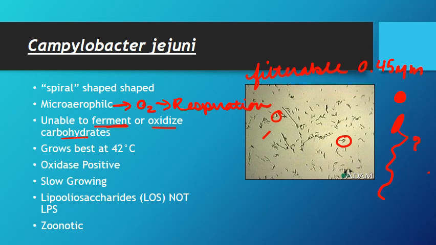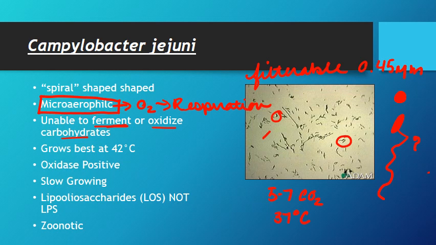The other thing that kind of delayed the identification of Campylobacter jejuni, besides its small size, was this microaerophilic property it has. Most of the time when we are culturing things to grow out bacteria, we are keeping them at about 5 to 7% CO2, at about 37 degrees Celsius.